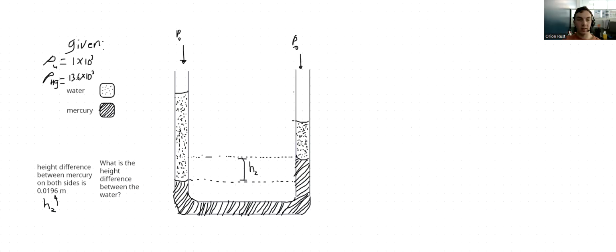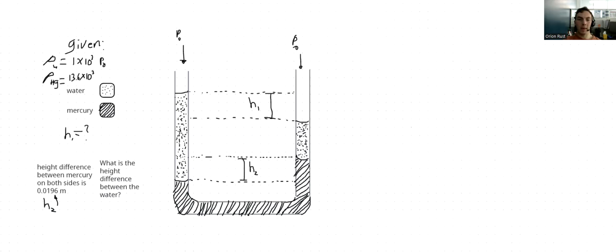We're given the density of water is 1 times 10 to the third, and the density of mercury, 13.6 times 10 to the third. What we want to know is the difference between the height in the water. Using our knowledge about density, Pascal's law, and all sorts of things, we're going to be trying to solve for H1. That's going to be the destination we try to arrive at.